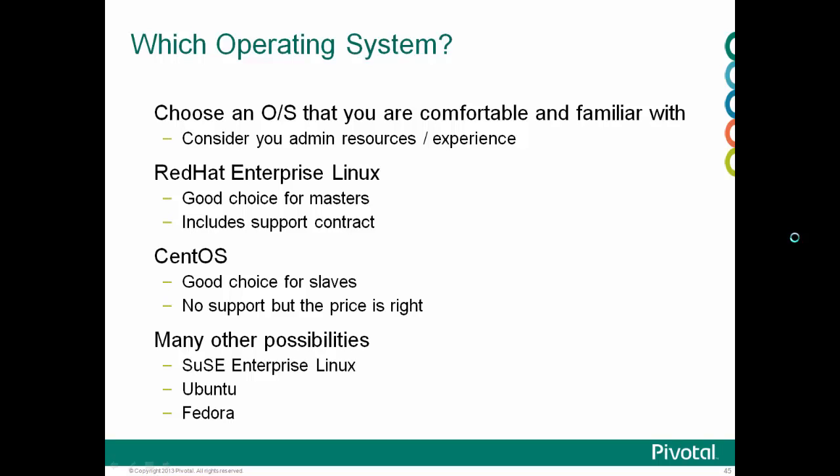Traditionally, Red Hat Linux seems to be a real good choice for the masters, and it does come with a support contract. CentOS is a good choice for your slaves. It doesn't have a support contract, but the price is certainly right. Okay? If you have a team experienced in SUSE or Ubuntu and Fedora, use those operating systems as well, keeping in mind the strengths and weaknesses of each of them.